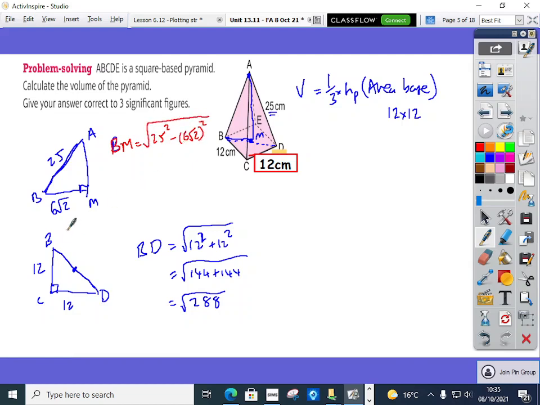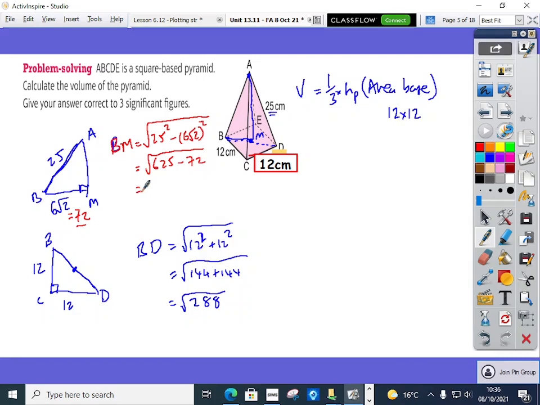Now first of all, because your last answer was 6 root 2, you could just square that answer and that gives me 72. And 25 squared, you should know, is 625. 625 take away 72, then we're going to root it.